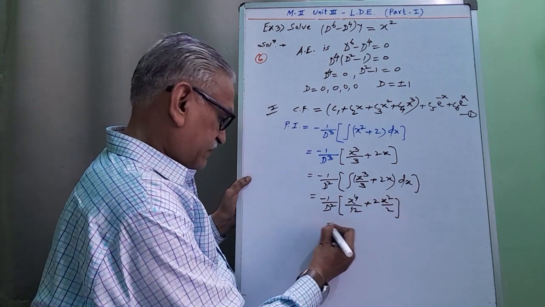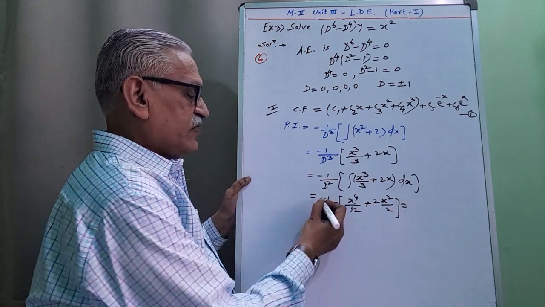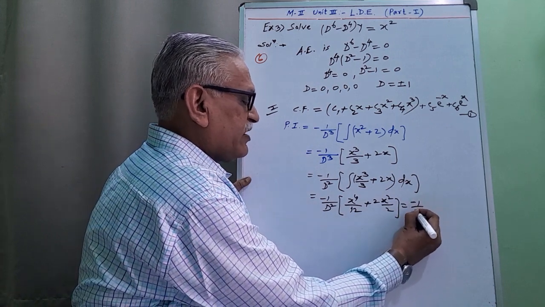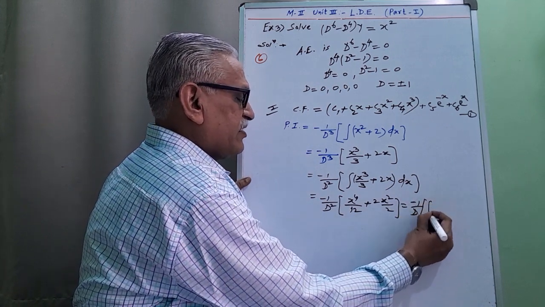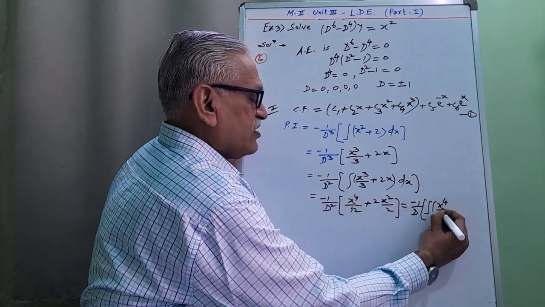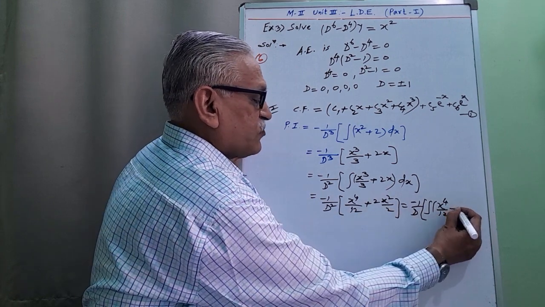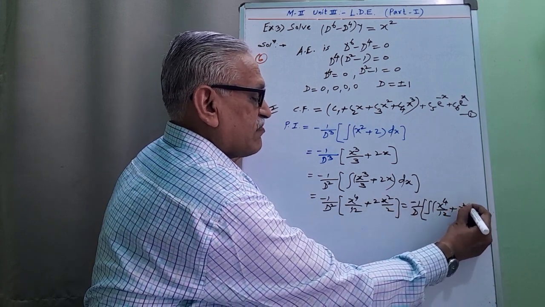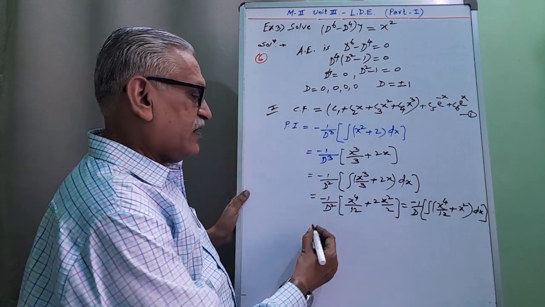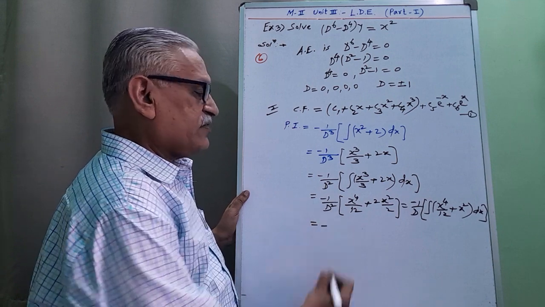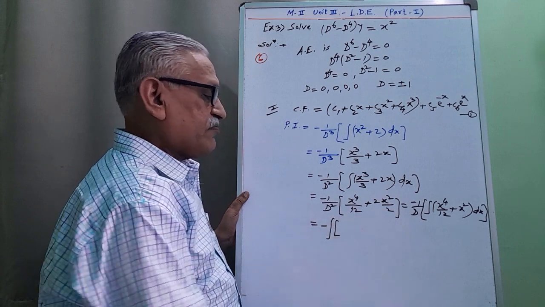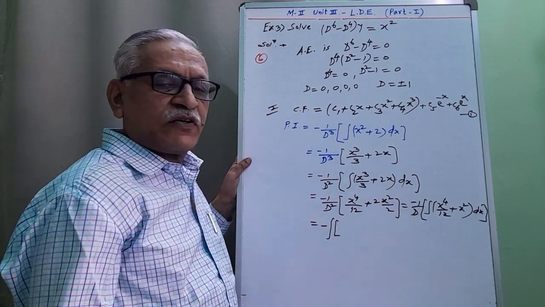Then it is equal to, again splitting this 1 by d square as 1 by d into 1 by d, minus 1 by d operating on x raised to 4 by 12 plus x square, its integration with respect to x. It is minus 1 by d, meaning the integration of this with respect to x.